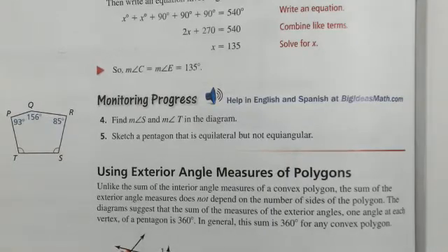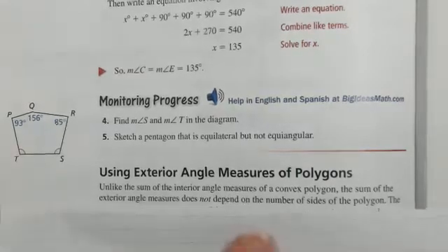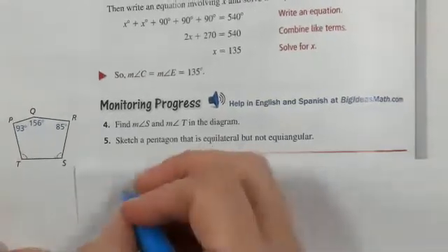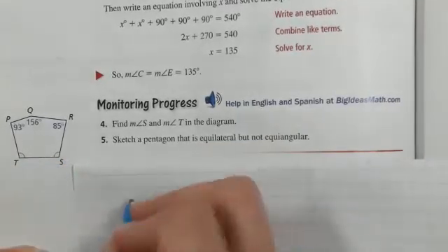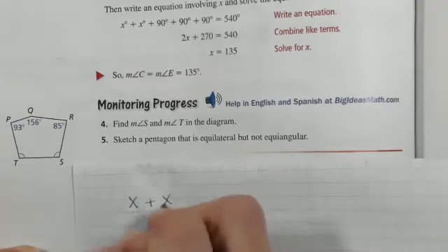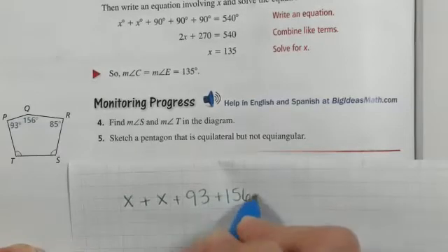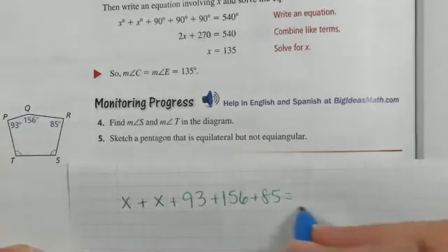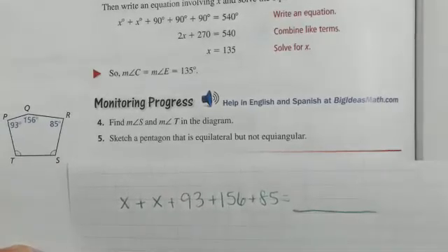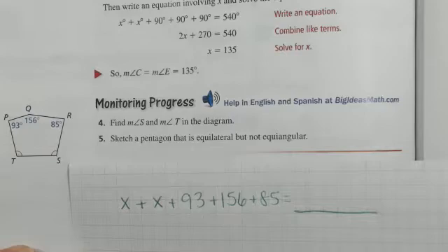So how we can solve this is, we're going to assign these the same value. So we can say X plus X plus 93 plus 156 plus 85 equals our total interior angle measure. What is our total interior angle measure?